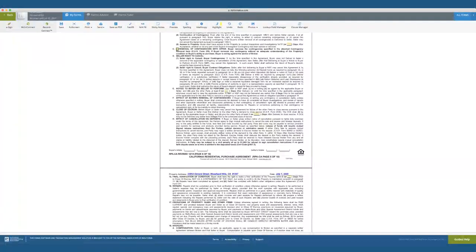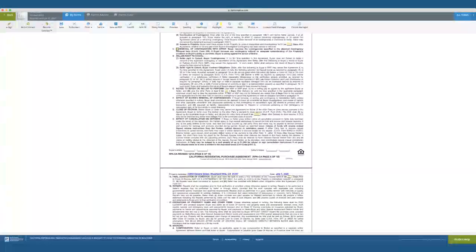Effective cancellation on deposits. If the buyer still has contingencies in place, 9 times out of 10, the effect of the cancellation is that they are given their deposit back, unless they're not acting in good faith.